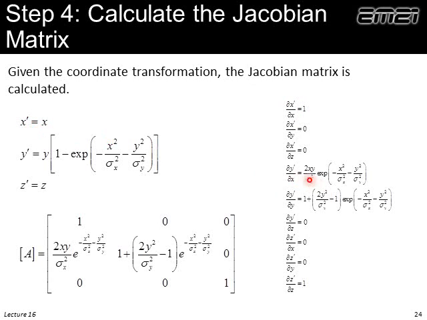The harder ones, for example, are the dy prime dx, where we have to take the derivative with respect to x, and then there's a second one where we take the derivative of this with respect to y. So we come out with 2 bigger, uglier equations, but all the others are pretty easy. Then we plug these answers in, and we have our Jacobian that we can use to transform our coordinates, or transform the functions. And ultimately what we want is that crazy map of permeability and permittivity that results from this coordinate transformation.